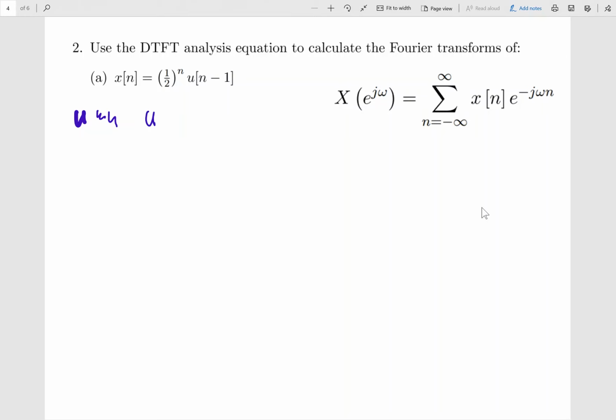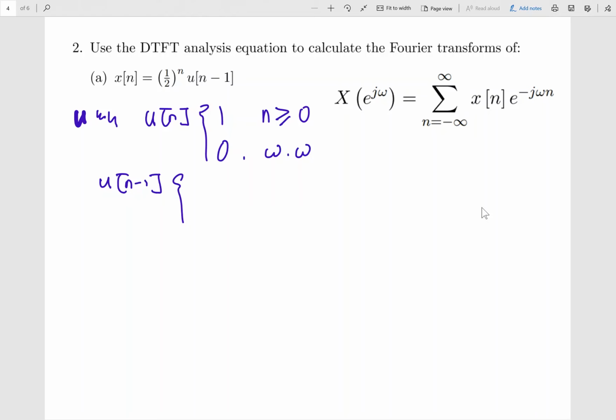Okay, u[n] is one signal that is 1 when n is larger or equal to 0 and 0 otherwise. So when u[n] multiplies everything, the 0 is still 0. So it has a clear cut where one part of the signal does not exist. What we have here is u[n minus 1].